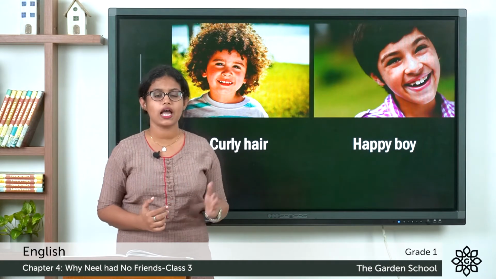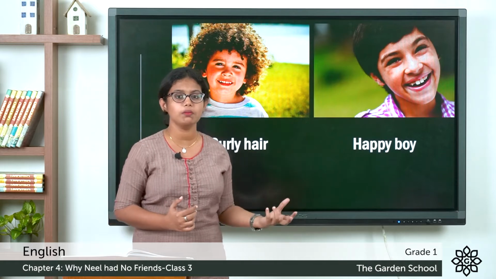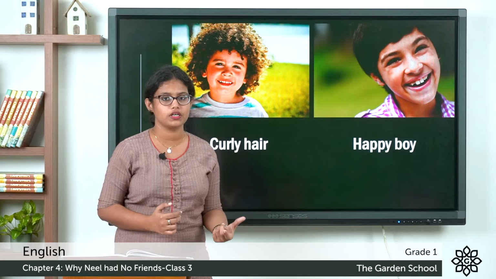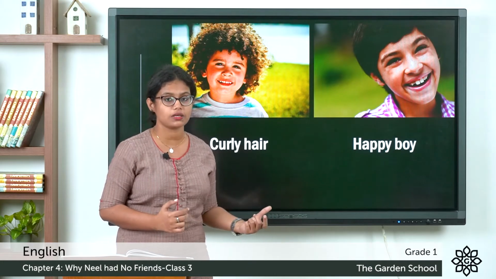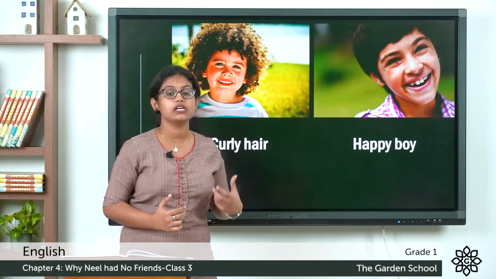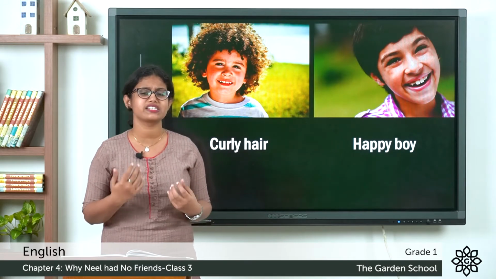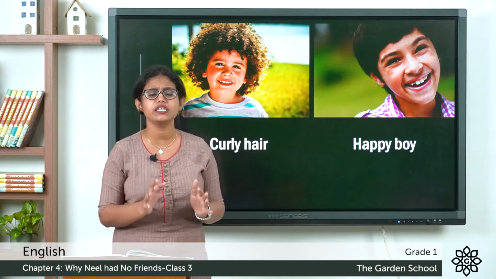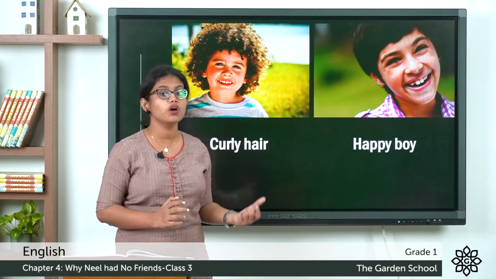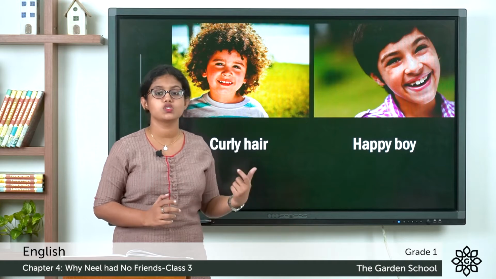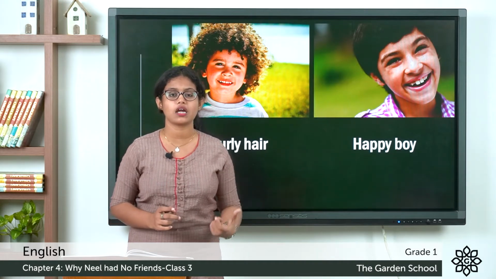Happy boy. So the naming word here is boy. Boy is the name of a person. So the word happy describes the feeling of the boy. Happy, sad, angry, all these are feelings. So happy is the describing word.